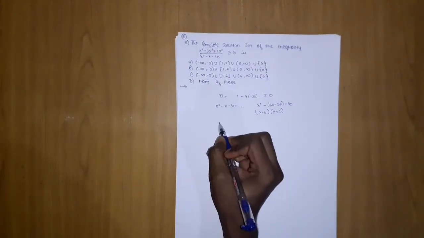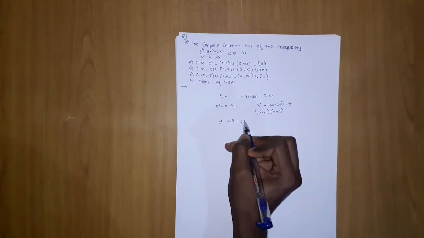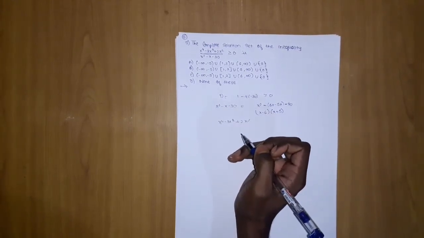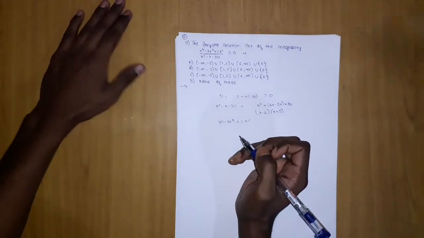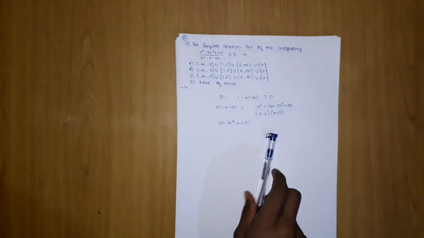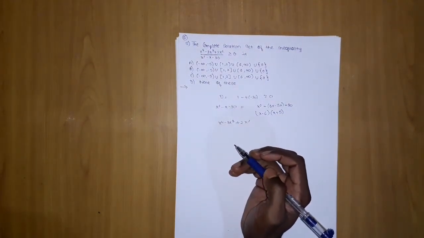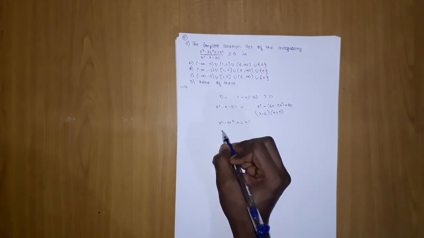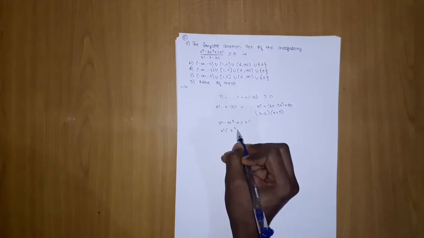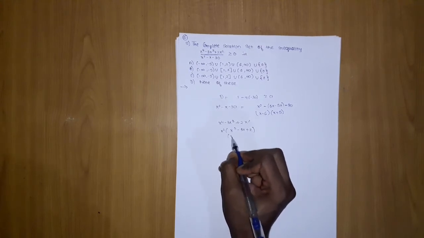And now just check the x to the 4 minus 3x cube plus 2x square part. We can take x square common from it. It will become x square minus 3x plus 2. Can we break it into parts?